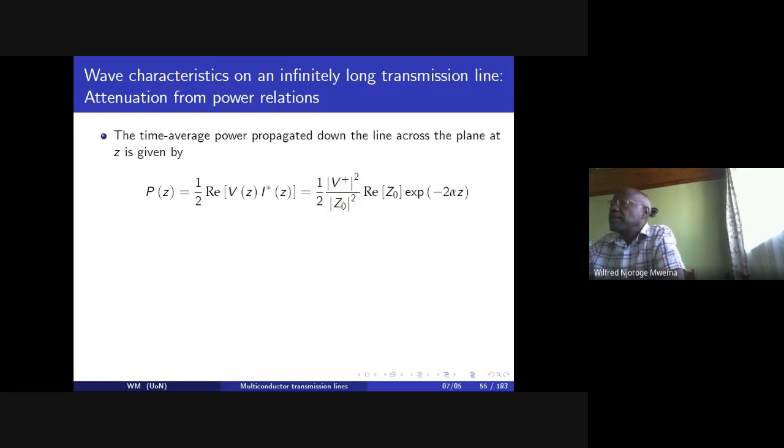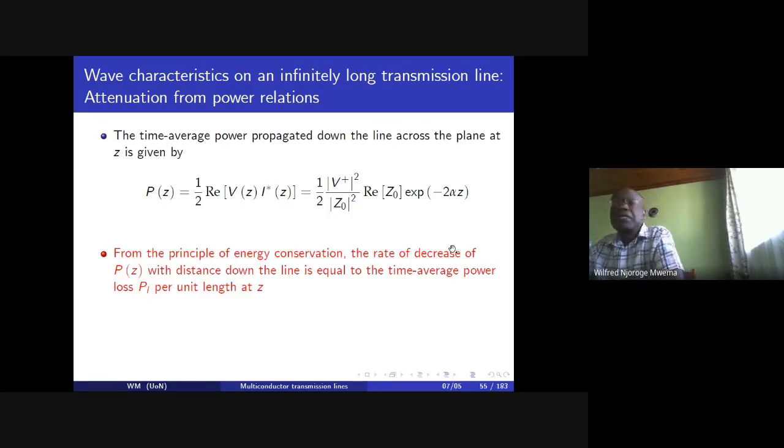If you look at that equation there, all we are saying is that it's I squared multiplied by R, so to speak, and multiplied by the attenuation factor. And from the principle of energy conservation, we require that the rate of decrease of Pz at a plane Z with distance down the line be equal to the time average power loss from that line, because the only reason why this power is getting dissipated is because it's getting leaked into the conductors.